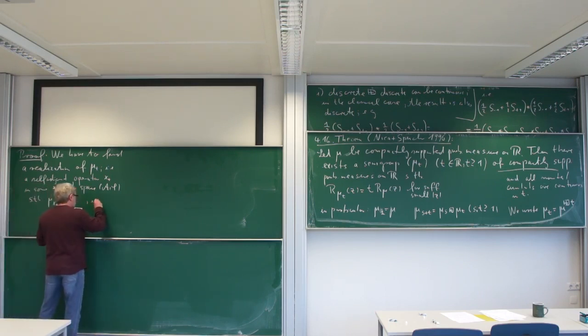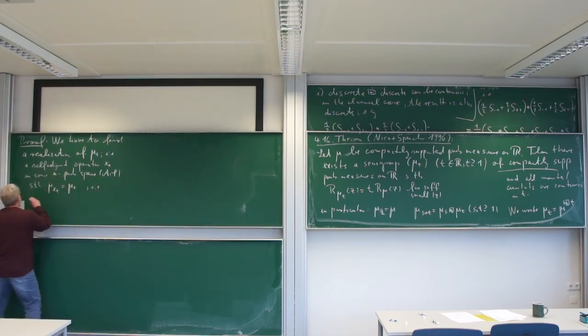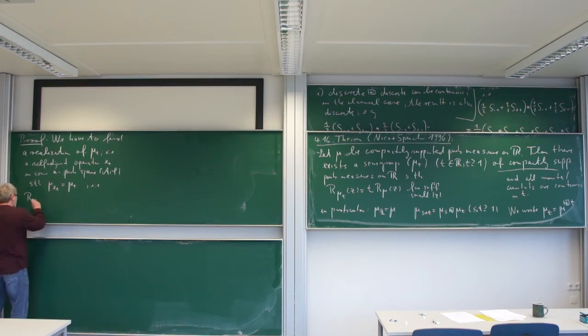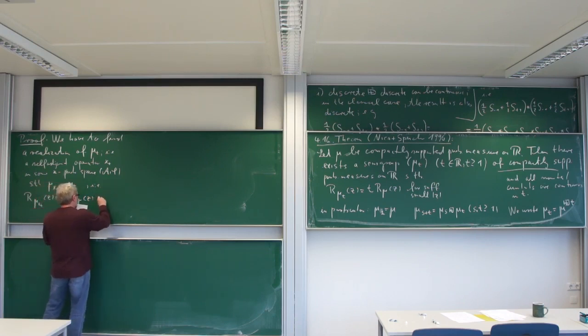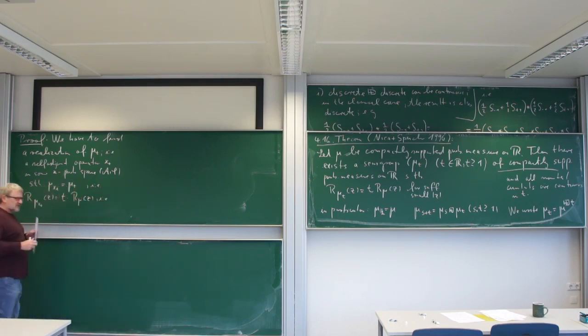Or to put it another way, the R transform of the distribution of this x_t at z is t times the R transform of the measure at z. Or again, to put it another way, the cumulants of this operator x_t are t times the cumulants of this guy.